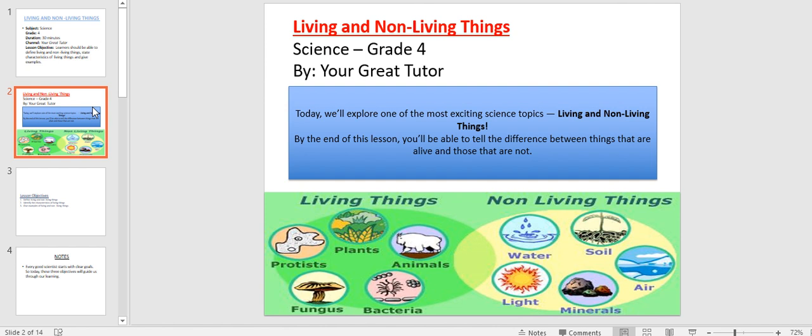So in the next slide you can see this topic is living and non-living things. As I had said before, this is a science subject mostly for grade 4 learners. This topic is mostly learned in grade 4, but as a primary school student, or as a beginner in your lower levels, this is a topic that you will mostly encounter in your exams, in your assessments.